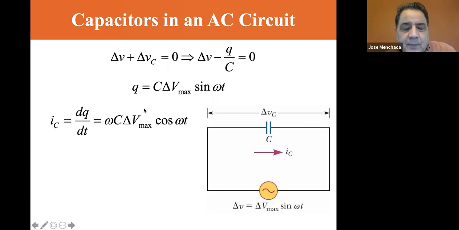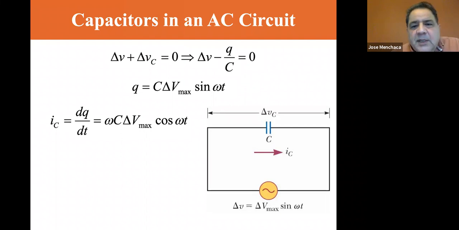Of course, current is the time rate of change of charge. So I sub C is equal to dQ/dt, which is equal to omega C times delta V max cosine omega t.